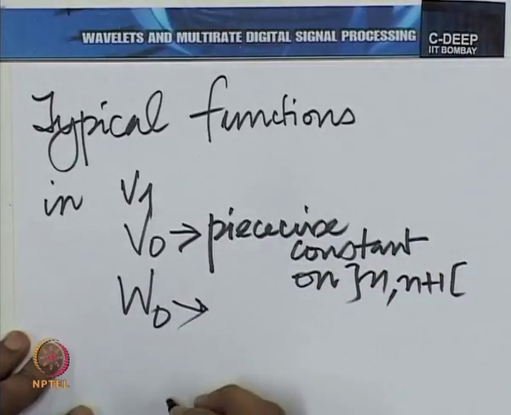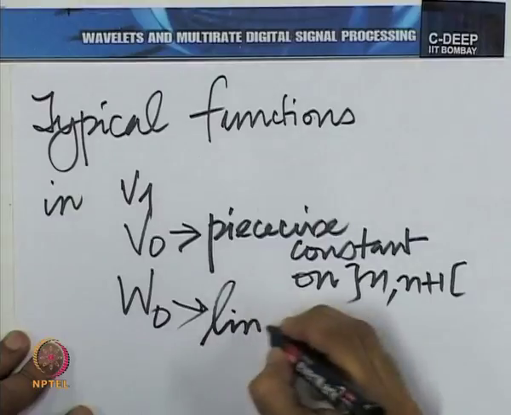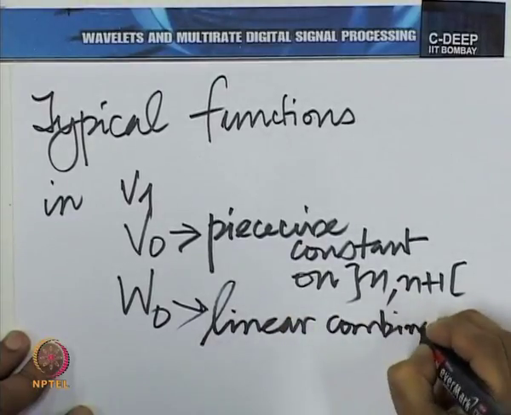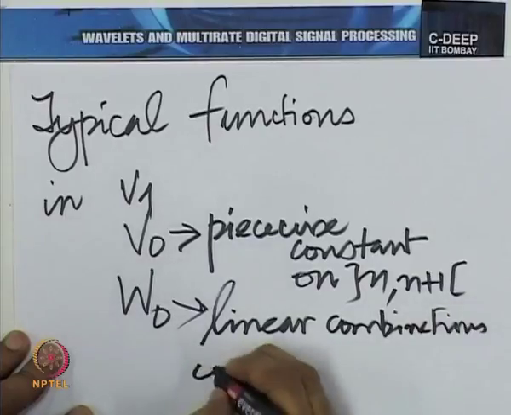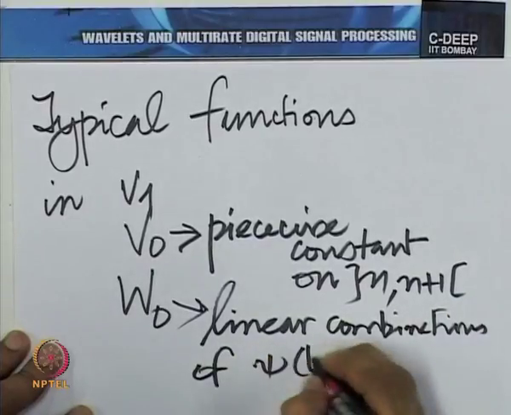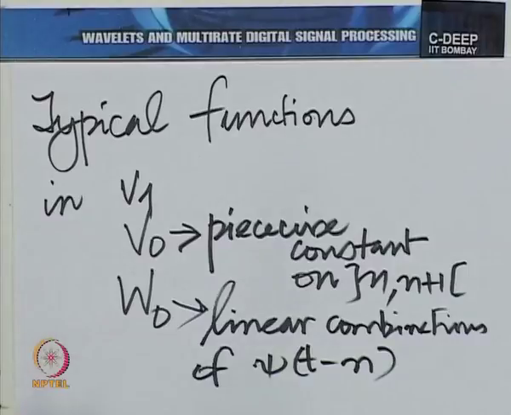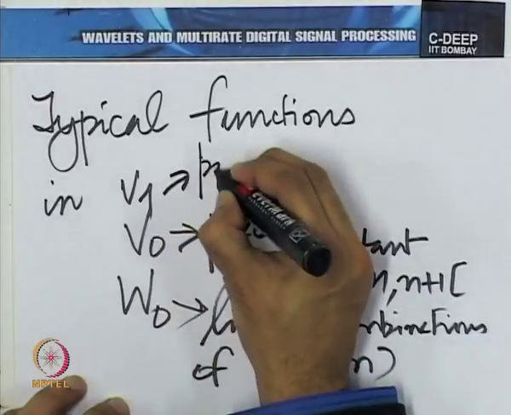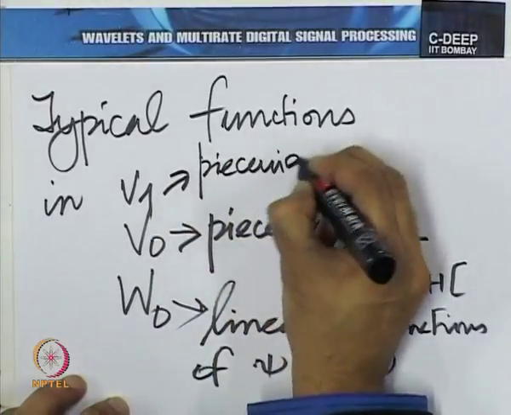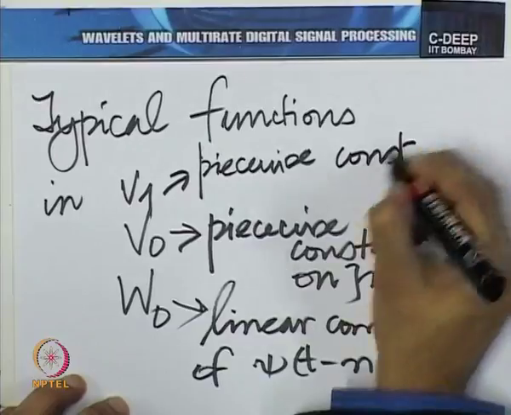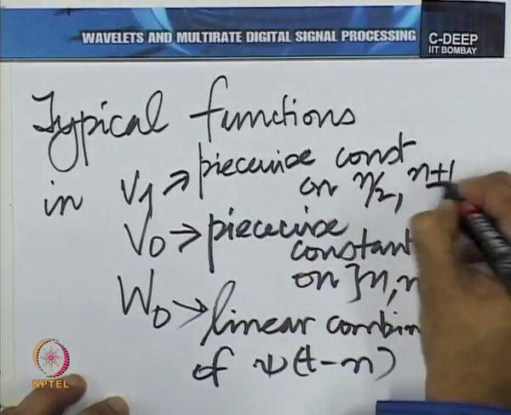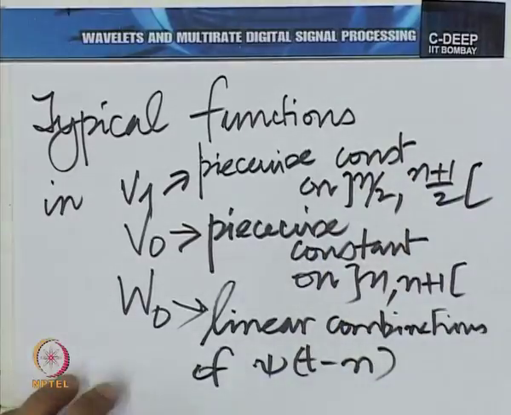These are linear combinations of psi(t minus n) for integer n, and these are piecewise constant on n/2, (n+1)/2 for integer n.